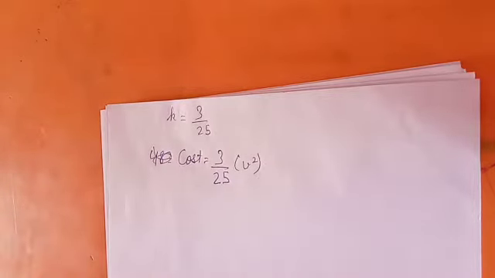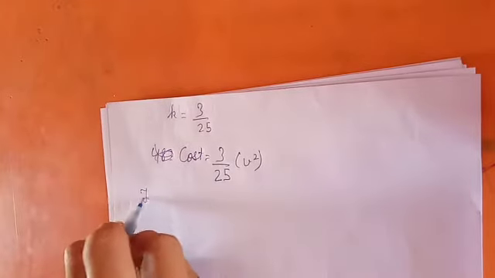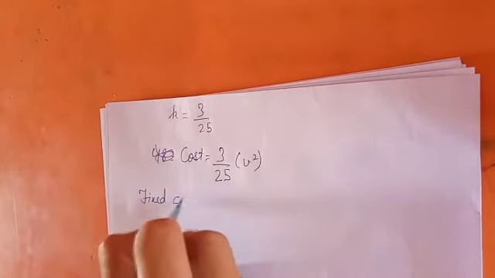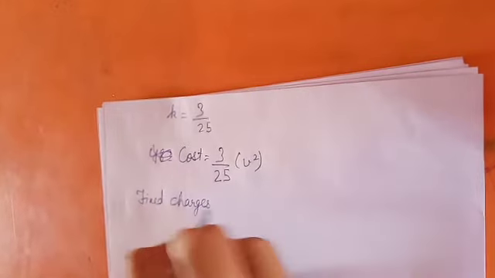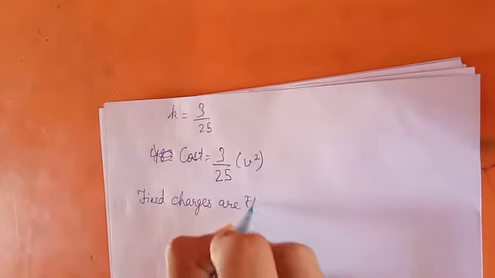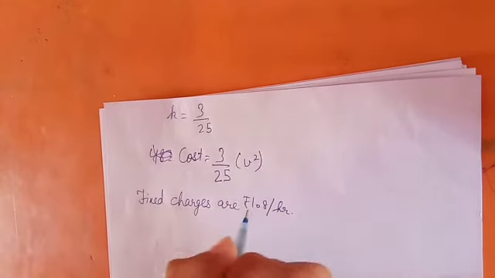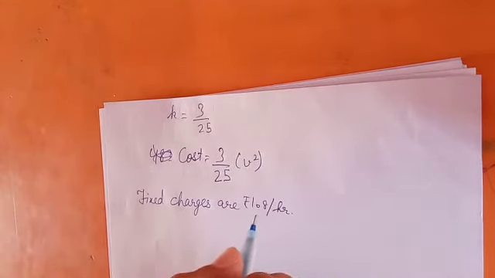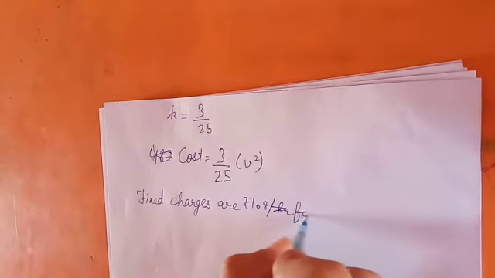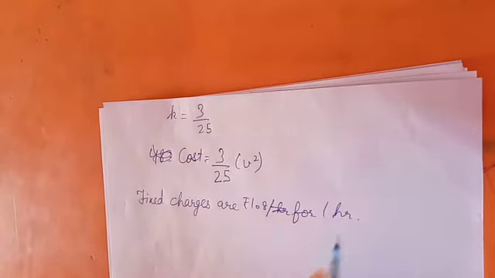Now we have to find the most economical speed if the fixed charges are rupees 108 for an hour over and above the running charges. Means fixed charges are rupees 108 per hour, for 1 hour.